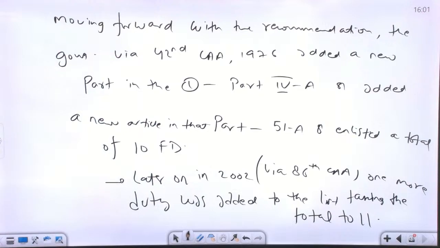Moving forward with the recommendation, the government via 42nd CAA 1976 added a new part in the constitution, which is part 4A, and added a new article in that part, which is article 51A, and enlisted a total of 10 fundamental duties. Later on, in 2002, via 86th Amendment, one more duty was added to the list, taking the total to 11.